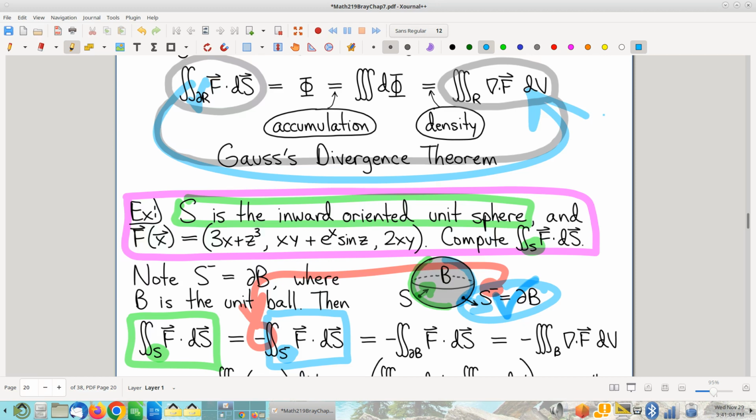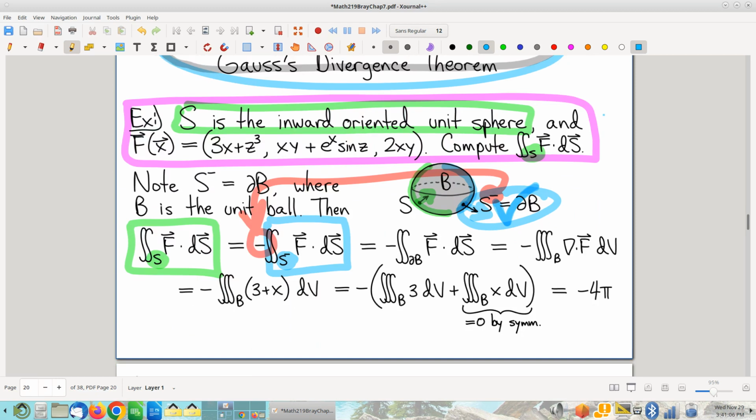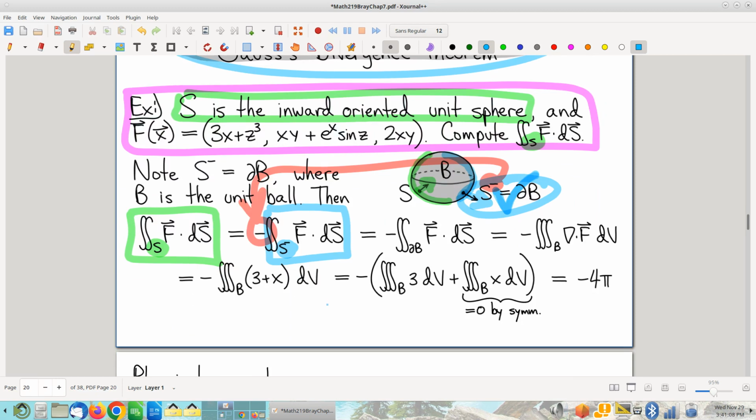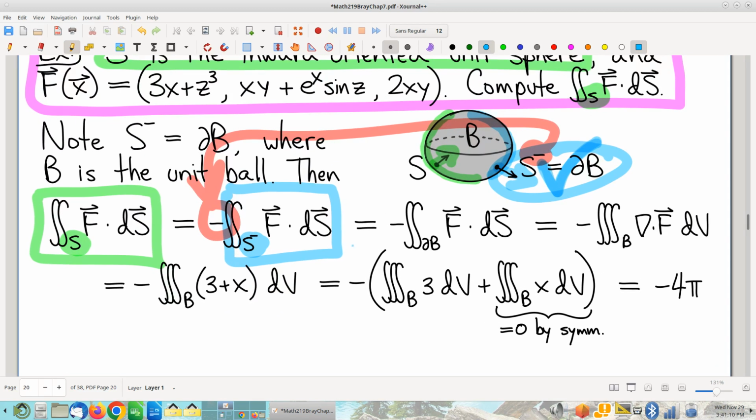So the whole rest of this calculation down here is just to observe that S minus is the boundary. Boundary fluxes are triple integrals of divergence. That's where the divergence theorem, Gauss's divergence theorem, kicks in right here. And now I've just got a triple integral to plug and chug. Cool. Is everybody good?